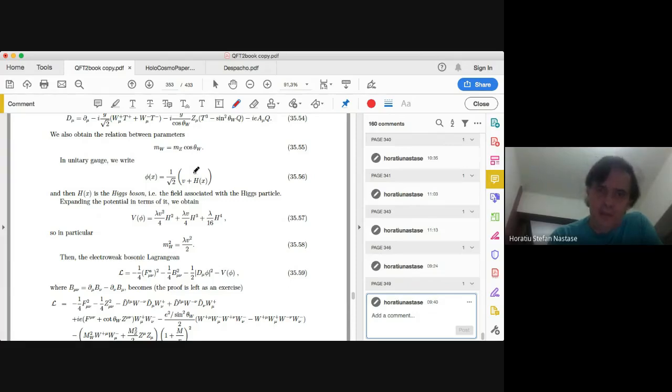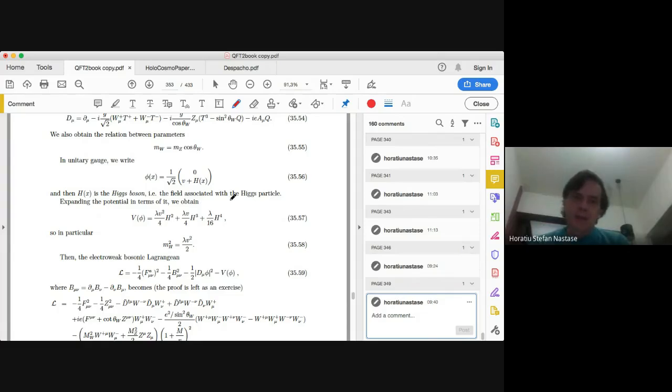So I still keep equal to 0 the top value, and I still keep real the bottom value. So it's V plus H of X over square root 2. And then this H is the actual Higgs boson. That means the field associated with the Higgs particle.